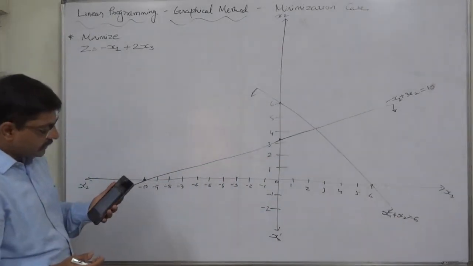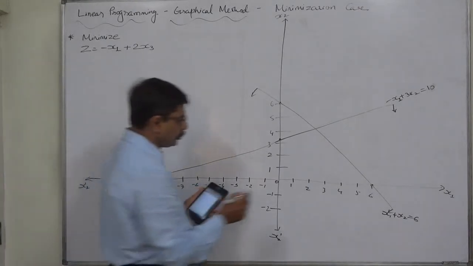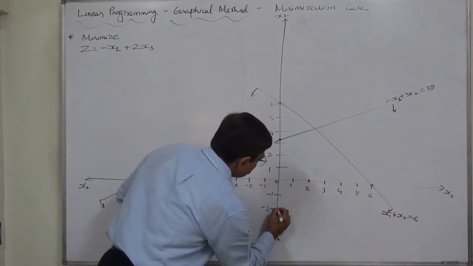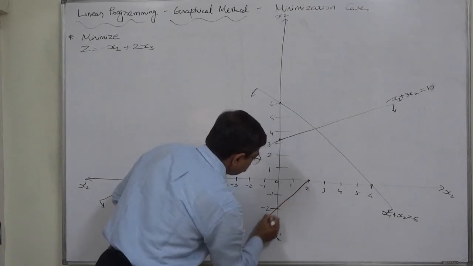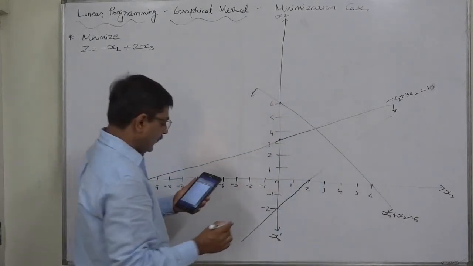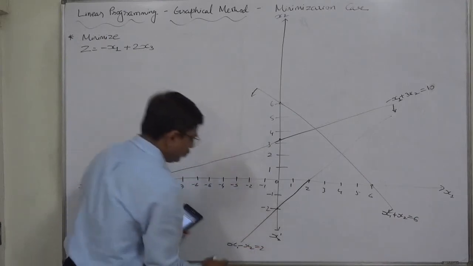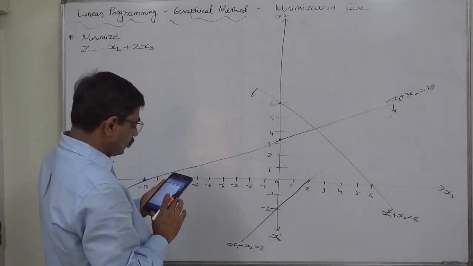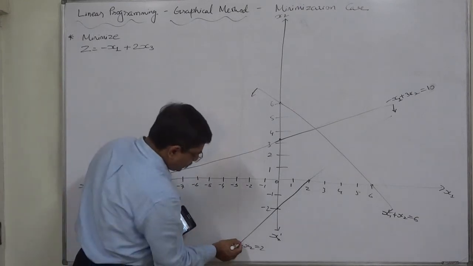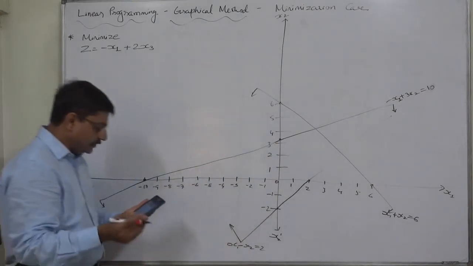Now the third, x1 minus x2 less than or equal to 2. x1 is 2 and x2 is minus 2. The line joining these 2 points is x1 minus x2 equals 2. x2 greater than minus 2 means the upper side, meaning minus 1, 0, 1, 2 and so on.